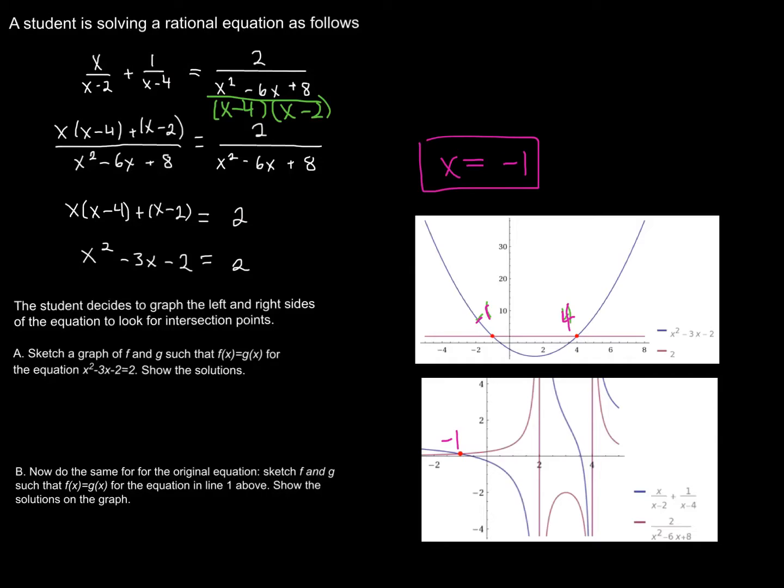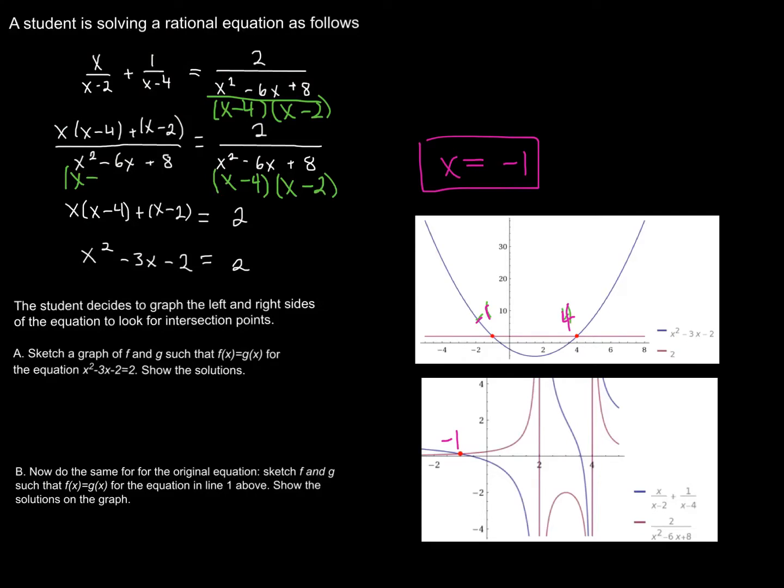So what we have to do is mention the excluded values when we're going through and simplifying. If you take a look at this step here, moving from here to here, we multiplied by the quadratic on both sides so that we got it out of the denominator. But realize again that this is just x minus 4 times x minus 2.